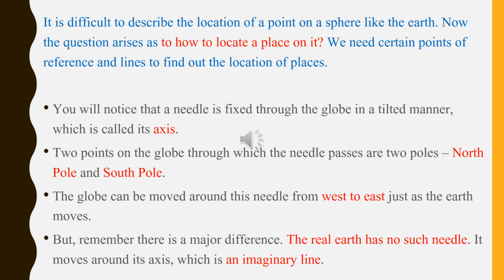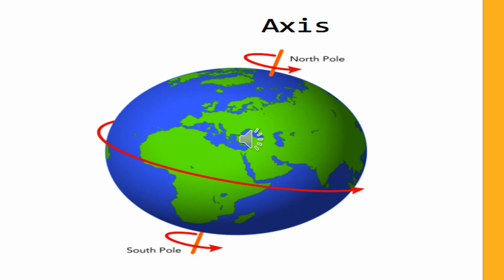Fourth point, but remember, there is a major difference. The real Earth has no such needle. It moves around its axis, which is an imaginary line. Here you can see Earth's axis, North Pole and South Pole.